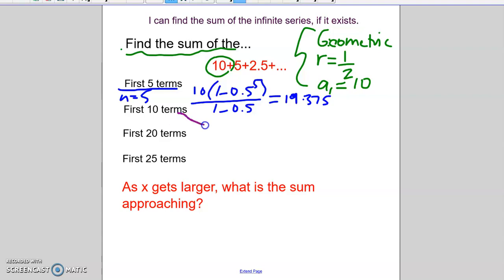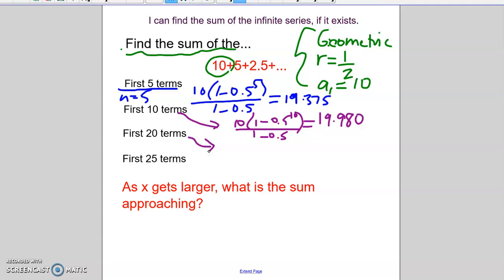So now let's do the sum of the first 10 terms. So this would be 10 times 1 minus 0.5 to the 10, and then divided by 1 minus 0.5. So the only thing that changed here from that first one is that I'm raising that to the 10th power now. And so this is equal to 19.980. And then I'm going to skip writing the formula for these.